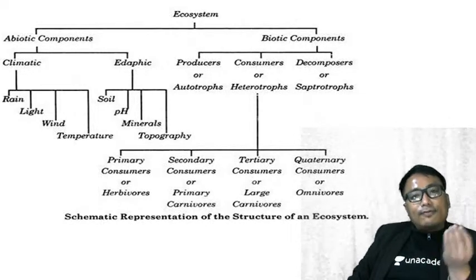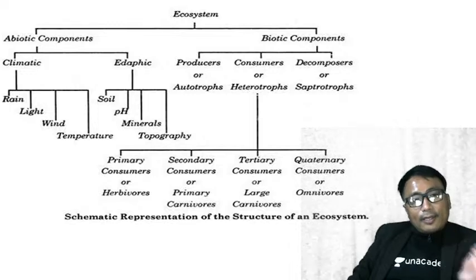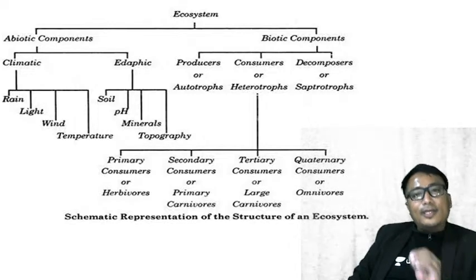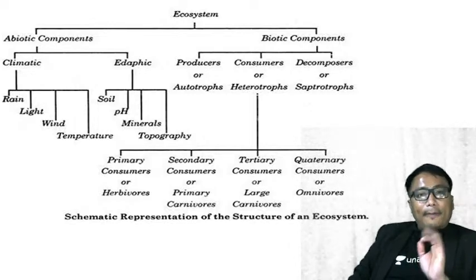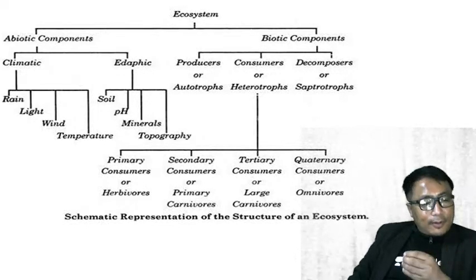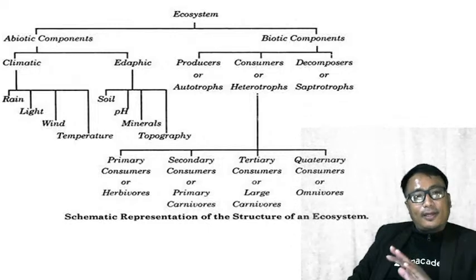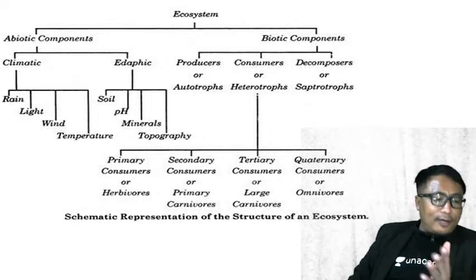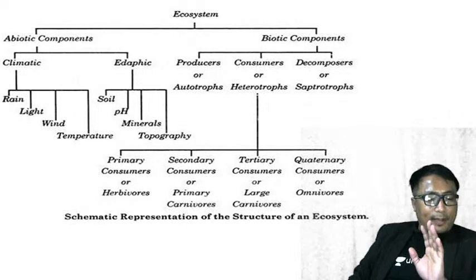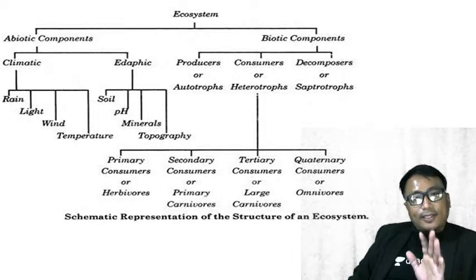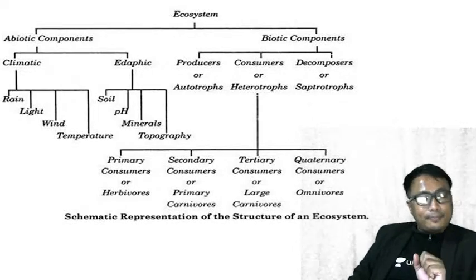Now the structure of this ecosystem is broadly divided into two, that is biotic and abiotic component. Abiotic component can be known as non-living, biotic component as living, or you can say organic or inorganic at the same time. Okay, just for the sake of understanding, you can put it that way also.